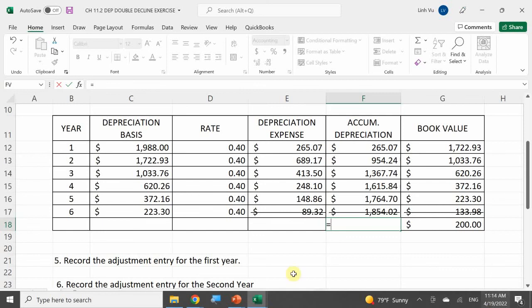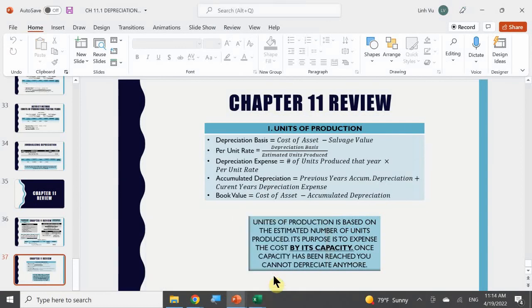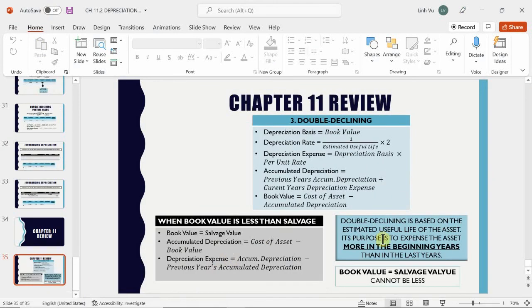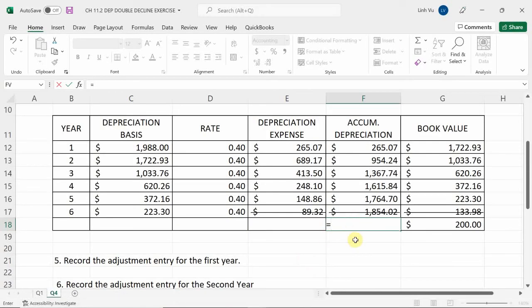What's my formula for this? Cost of asset minus accumulated depreciation. Okay, that's your book value. So in this case, my book value is 200. My accumulated depreciation is what I'm trying to solve for. And the cost of the asset, I know.